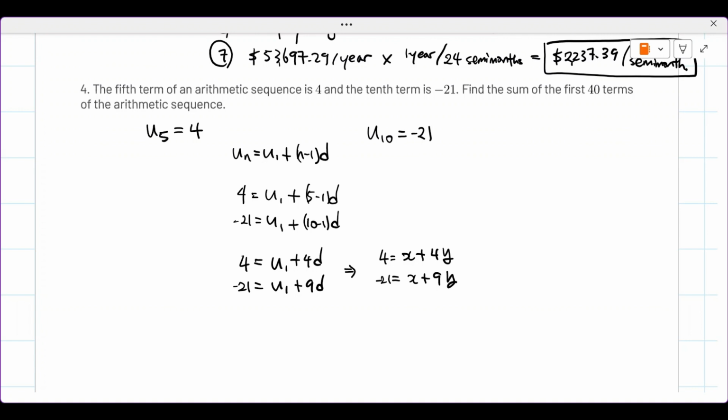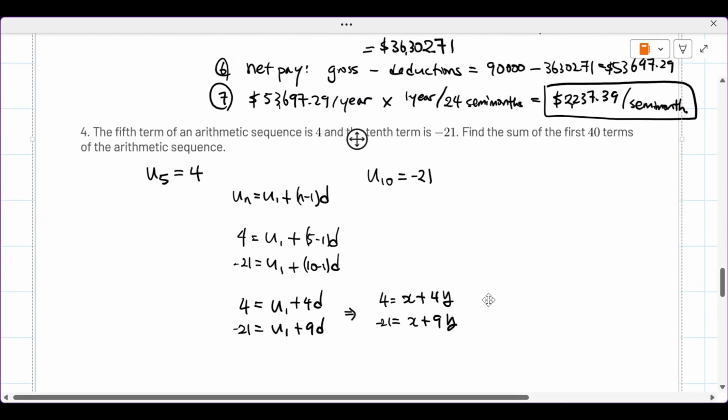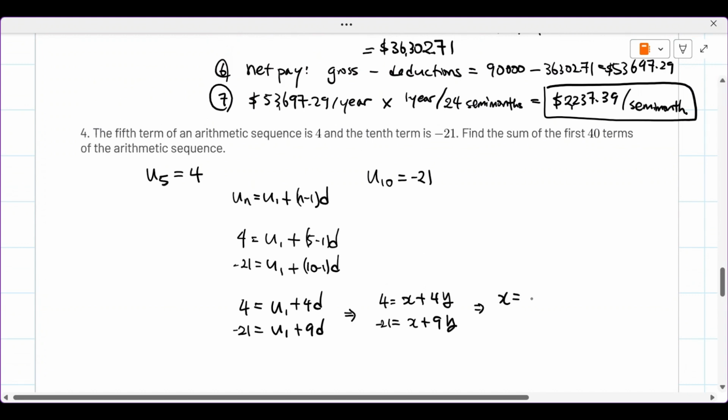Scrolling through the screen, the POI is 24 comma negative 5, which means that x equals 24 and y equals negative 5.